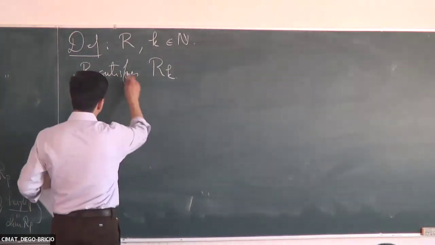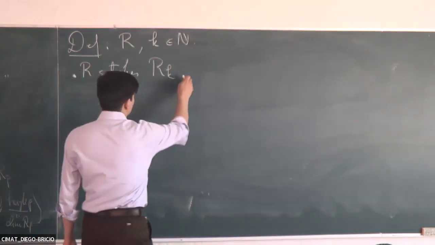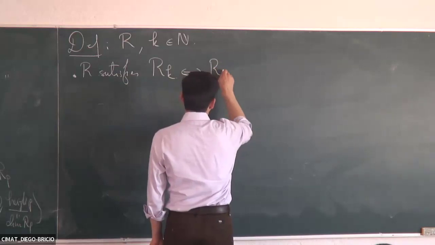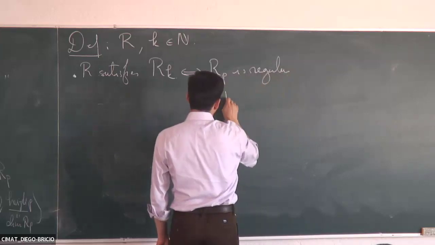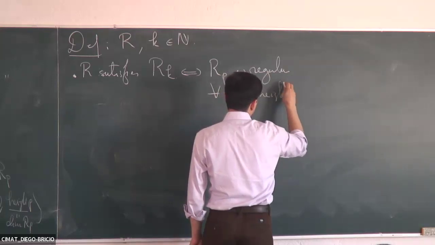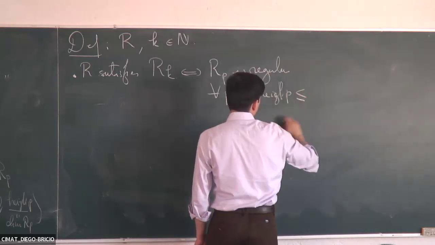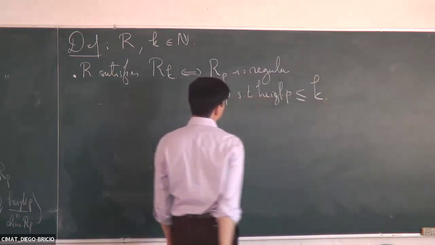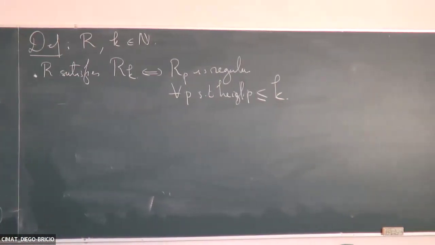You also say that R is Rk, or R has Rk, if and only if Rp is regular for all P such that the height of P is less than or equal to K. So it tells you that in the small codimension relative to K, you have regularity. So the singular locus gets very, very small. Okay?